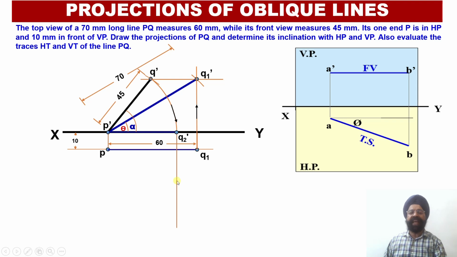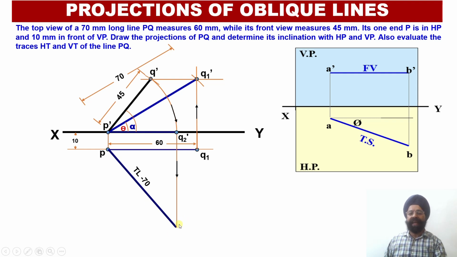So the second point will be Q2. So Q2, corresponding to the second point of the plan projection true length, will be located along this vertical projection line.